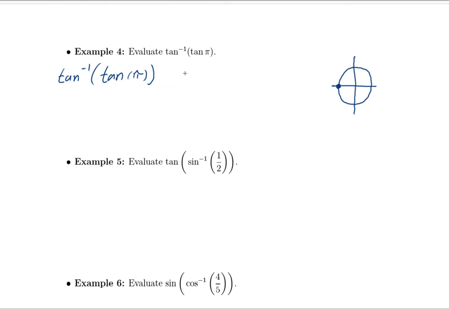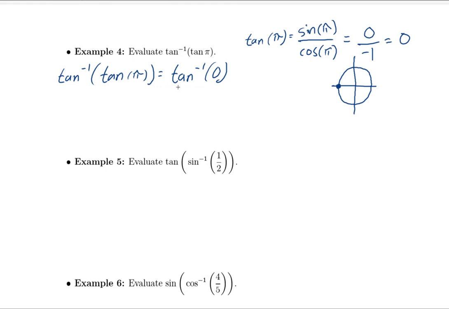So the tangent of pi is the sine of pi over the cosine of pi, which is 0 over -1, which is 0. So this is going to be the tan inverse of 0.